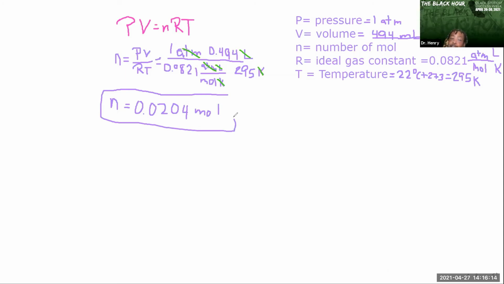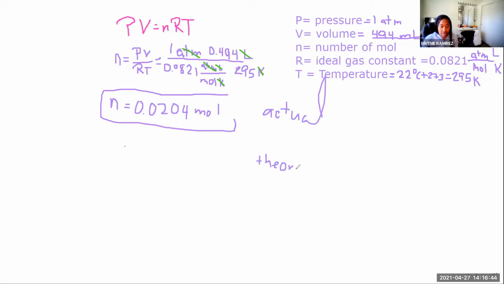It normally doesn't happen that way. That probably means we may have gotten carried away with that measurement a little bit, but that's not too bad. Our actual, and then our theoretical was 0.018 moles.